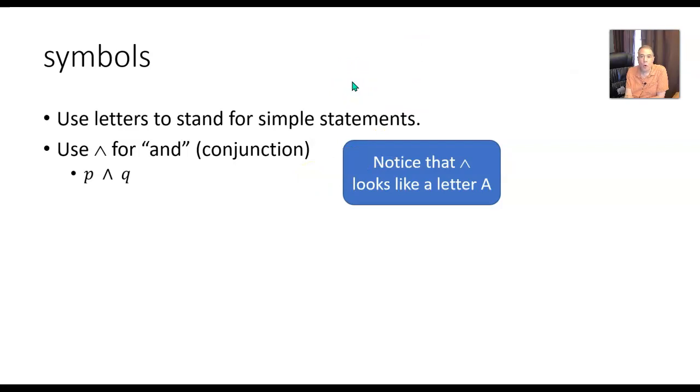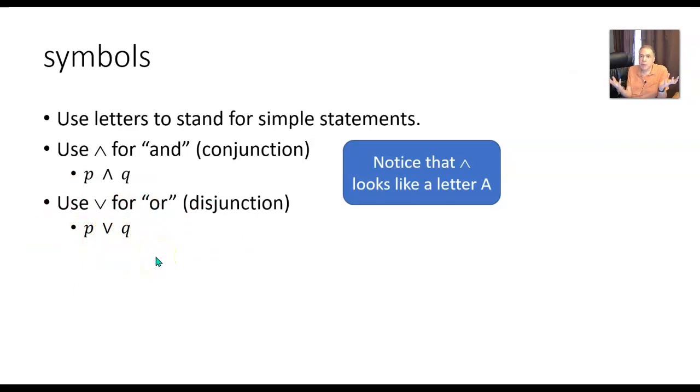The symbol for or looks like the symbol for and turned upside down, like this. So it looks sort of like a V shape. So this would be P or Q.